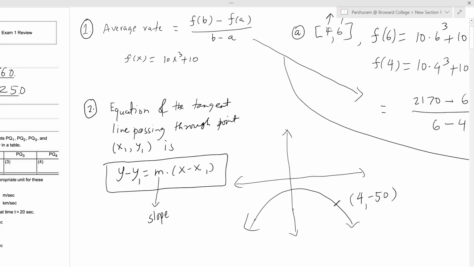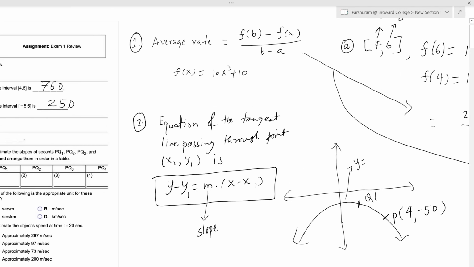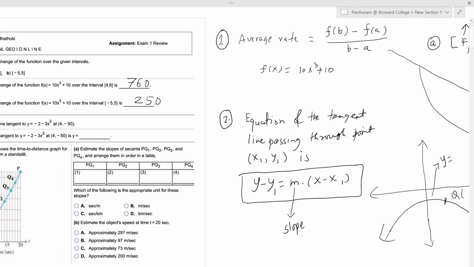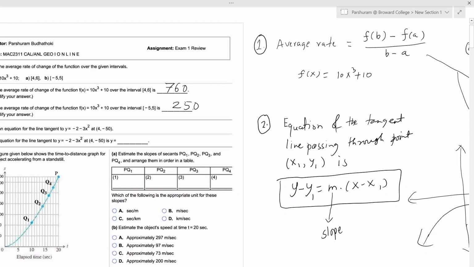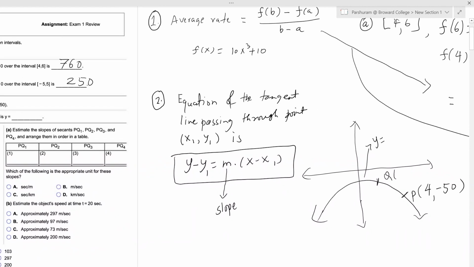So what we can do is take another point which is very close to this point. Let's say this is point P, and there is another point Q, and we know that this curve is y equal -2 -3x squared.